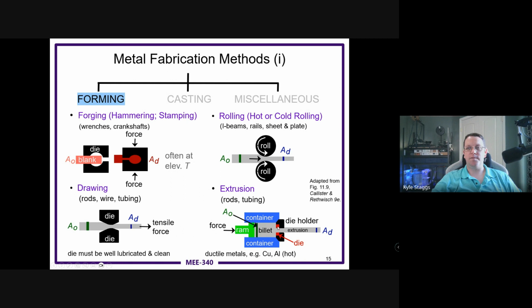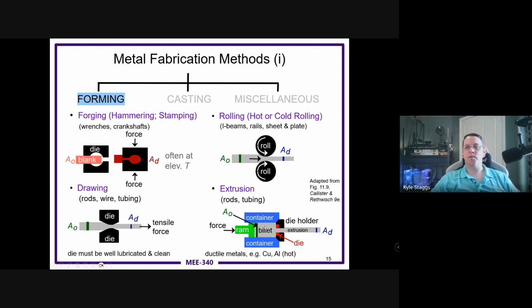You have some kind of removable die, some sort of die holder, and something that pushes the billet of material through the extrusion die. You can imagine this is for a material like aluminum at an elevated temperature, or copper. This is great for making something like rods and tubing.